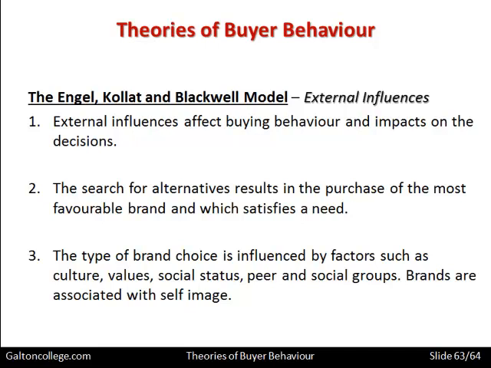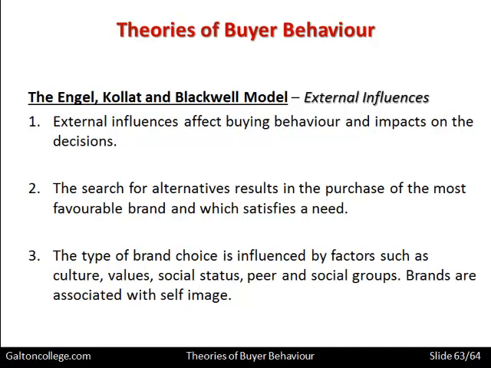So the Engel, Kollat, Blackwell model is important because it sets out the sequences and it identifies the various processes that we go through in order to satisfy a need. It's not definitive. It doesn't tell us exactly how decisions are going to be made. It doesn't indicate mechanistically how decisions are going to be made.